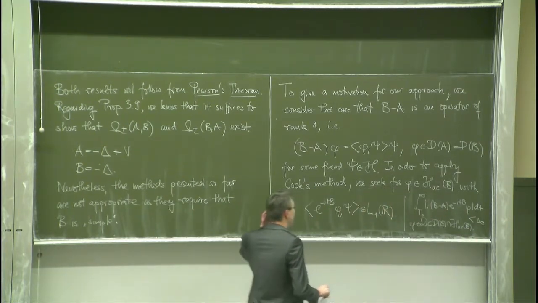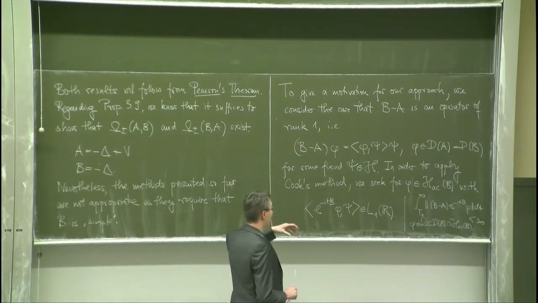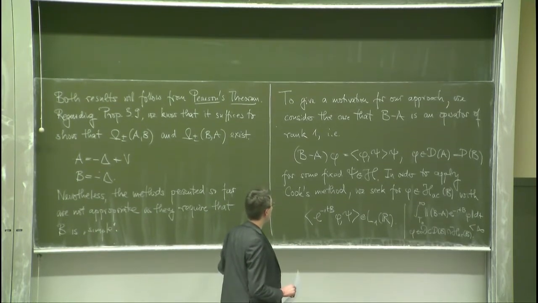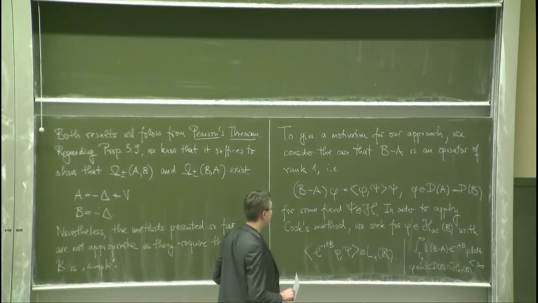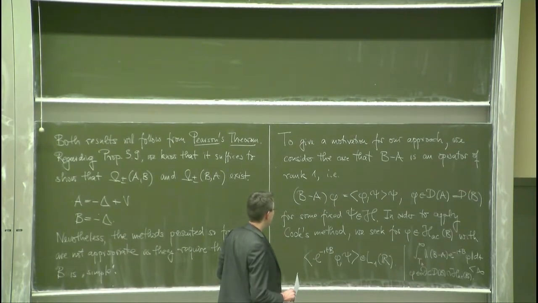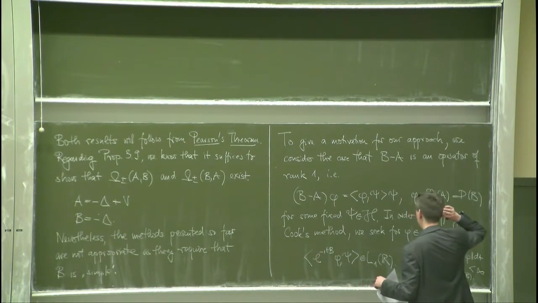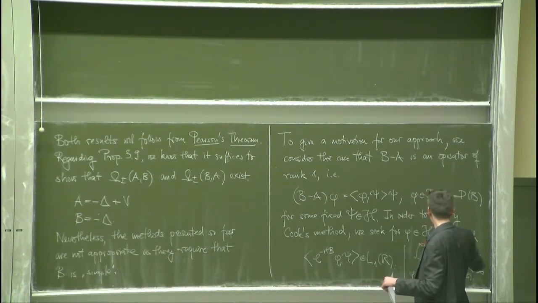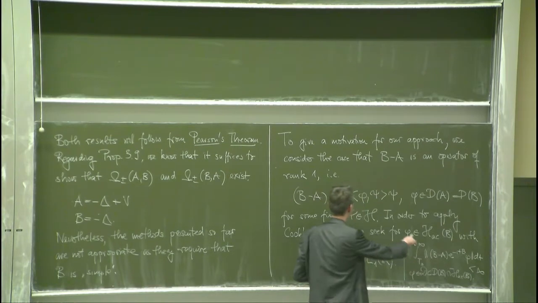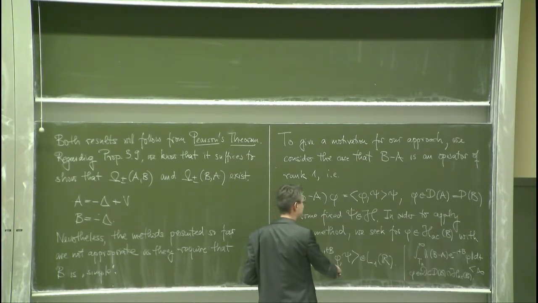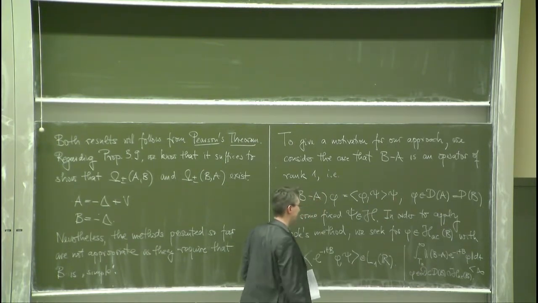And if you apply this to our case where we have this rank 1 operator here, then you see that you have this scalar product term here. So this exponential minus ITB phi now is in the first argument of the scalar product times psi, and then you have a fixed psi, which is not interesting. And then we have the norm of this.